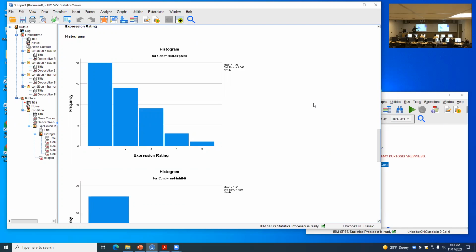Well, if we think about it, if this is extreme intense expression and this is no expression at all. Okay. Yeah. It's just a 1 to 5 scale where 5 is really intense global expression, right?